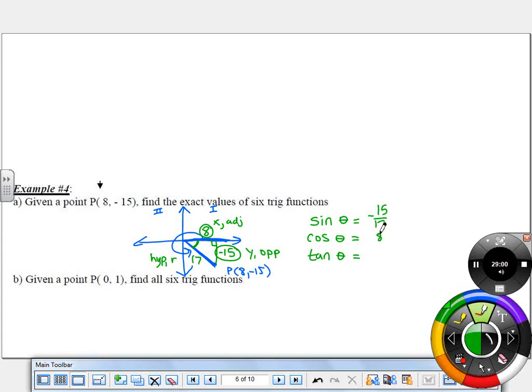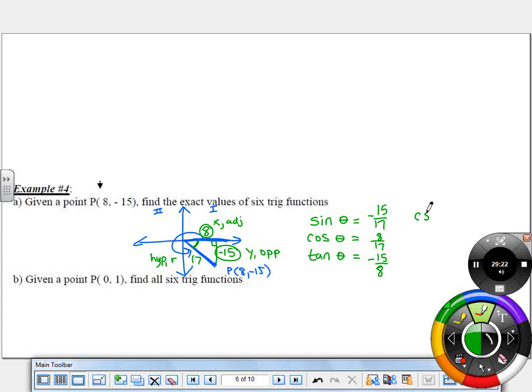Okay, same thing. So cosine, you're either doing adjacent over hypotenuse or you're thinking x-coordinate over r. Either way, you get 8 over 17. And then the tangent, you're going to get y over x, or opposite over adjacent, so negative 15 over 8. And so this is how you can have negative sine, cosine, tangent values, because it's about different positions on the unit circle, even though they have the same angle that you might have seen in a triangle before.